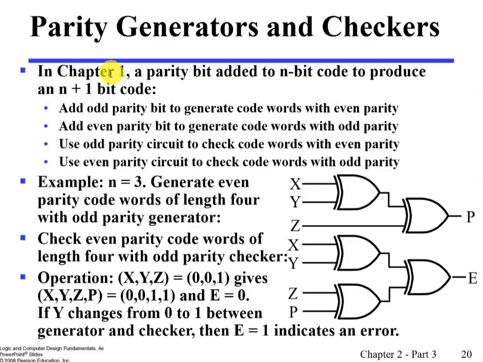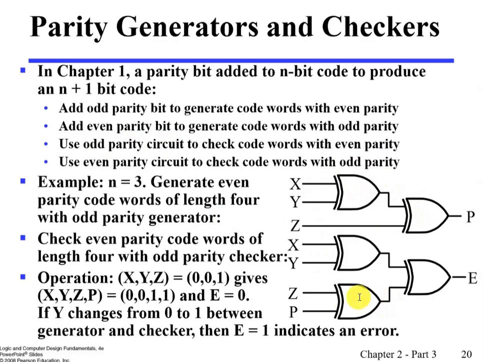So we could add an odd parity bit to generate code words with even parity, or add an even parity bit to generate code words with odd parity. We may have 2 different types of circuit to check code words with even parity or odd parity, right? So odd parity circuit or even parity circuit.